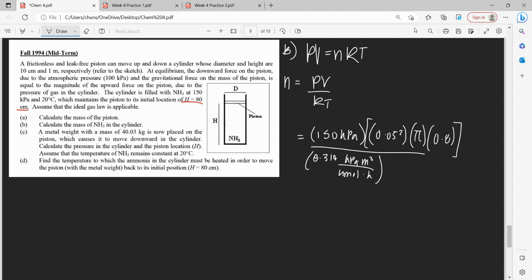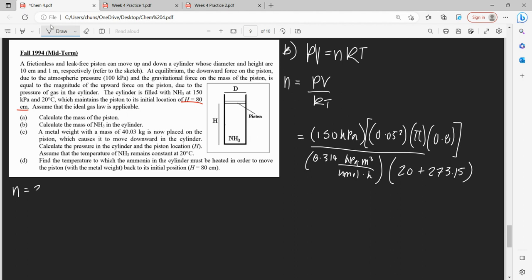And we need our temperature as well, which is 20 degrees Celsius, which we want in Kelvin. So we add 273.15 to turn it into Kelvin. And when we calculate this out, n is equal to 150 times 0.05 squared times pi times 0.8, that's our height, divided by 8.314, our universal gas constant, times 20 plus 273.15.